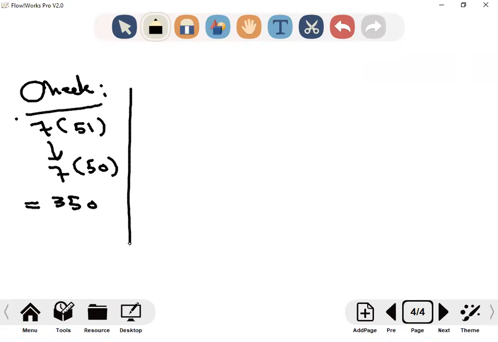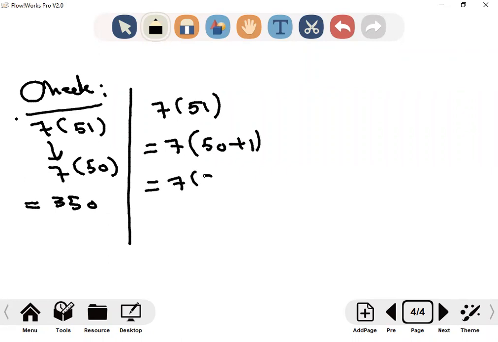51 with 7 or 51 with 3? No. Let's choose one of them and find the exact value. 7 by 51, I can rewrite it as 7 with 50 plus 1, the easiest. It equals 7 by 50 plus 7 by 1, which is 350 here, and 7 here.